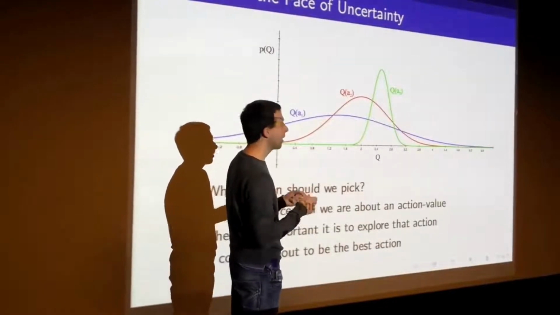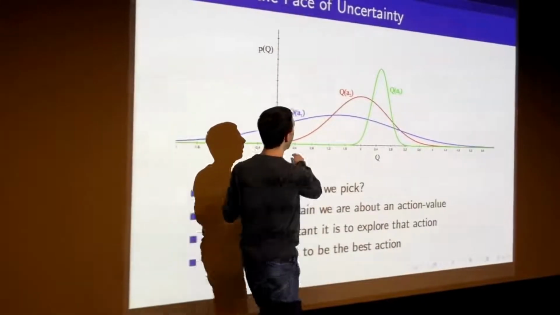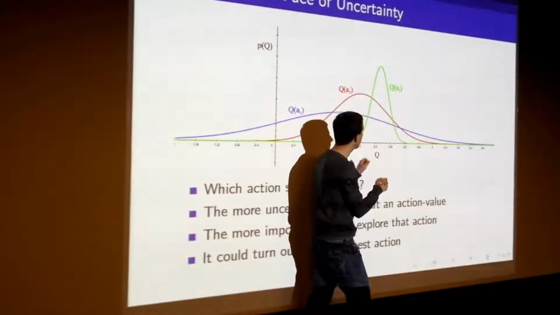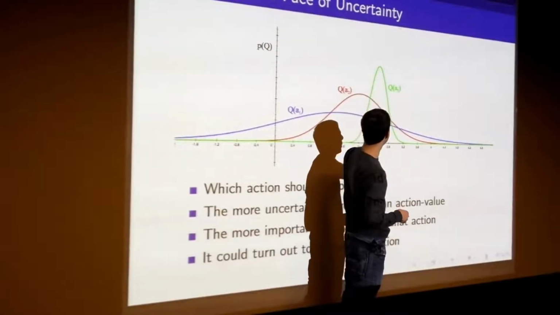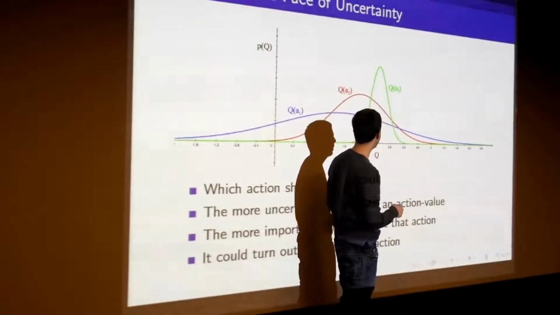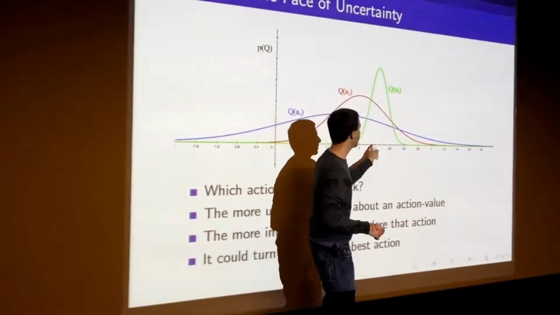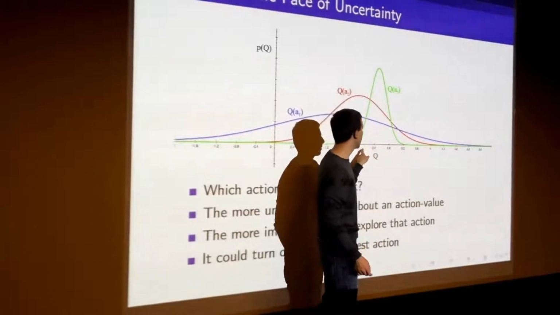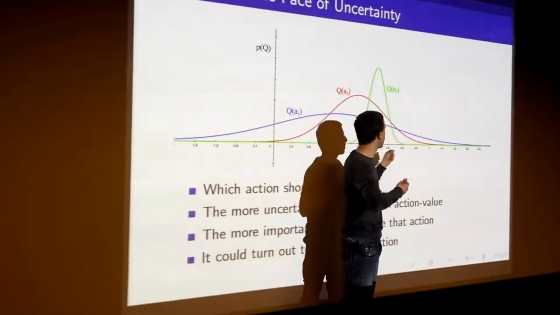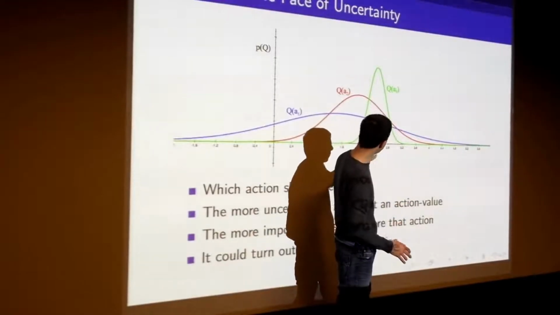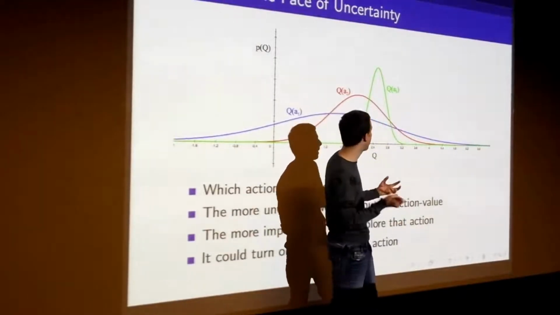Right now, I've tried a few actions. Maybe I've tried this green one a lot of times, so I've got quite a good idea of what the mean of this green action is. I'm pretty sure that it's around in this range somewhere. This x-axis tells us how good we think it is, so the further along this axis, the higher the value that we expect to get from our payouts.